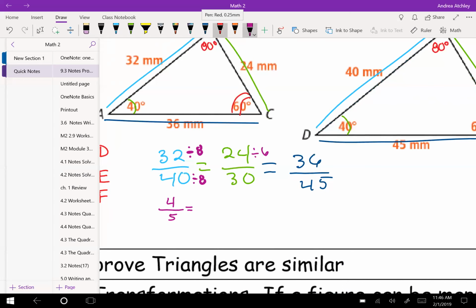By 6. So that's going to be 4 over 5 as well. The last one, what can it be divided by? Very good, 9. 36 divided by 9 is 4, and 45 divided by 9 is 5, so 4 over 5. They all match. Okay, so let's do our similarity statement.